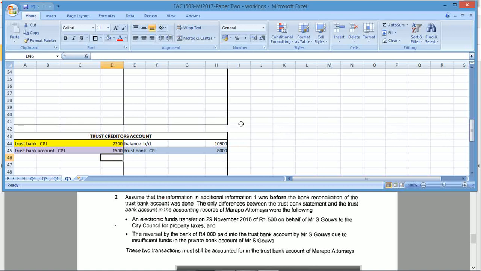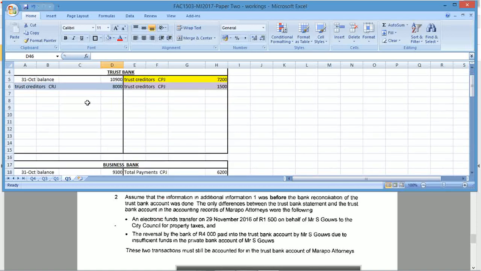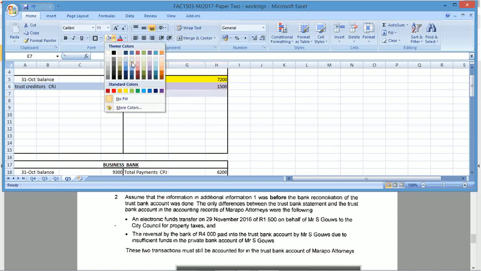This was a reversal of the bank of 4,000 paid into the trust bank account. Okay, so if it's paid into the trust bank account, the money didn't go into the bank account. If it didn't go into the bank account, it needs to be credited.